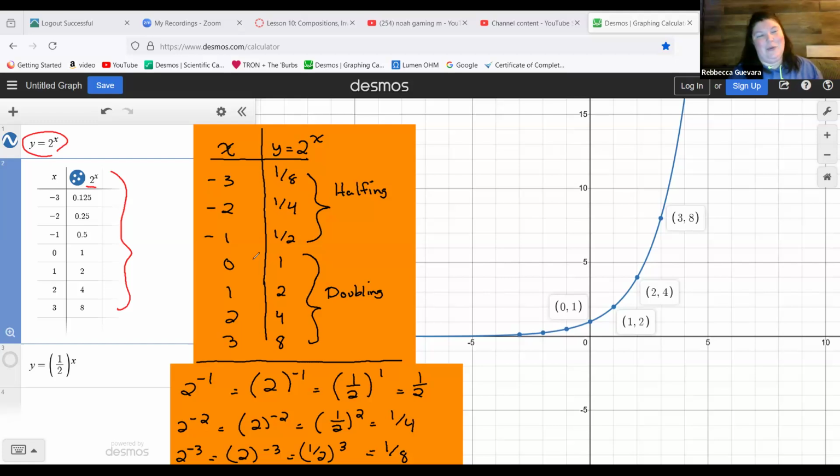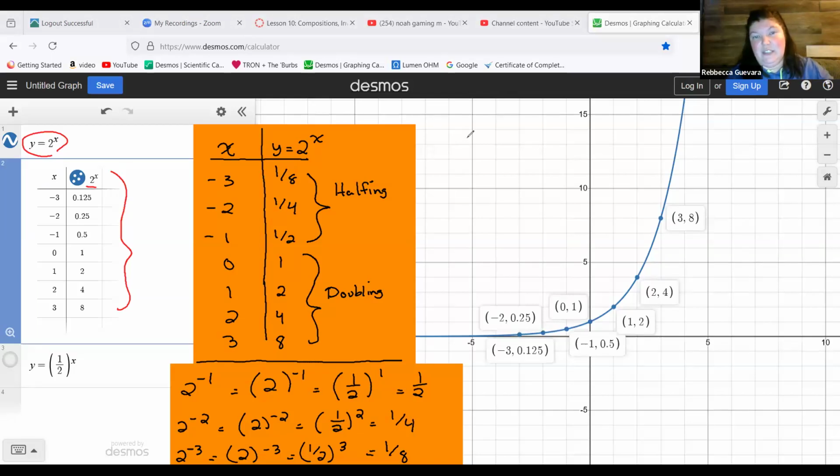When we have powers that are negative, then we have this halving effect as we get smaller and smaller. We keep going to 1/16, 1/32, 1/64, 1/128. We keep getting smaller and smaller, but we're not hitting 0.